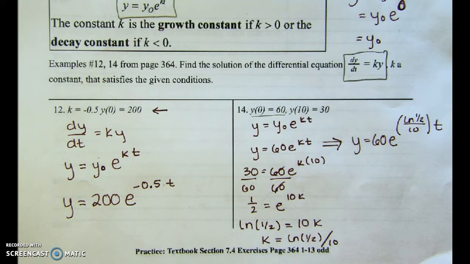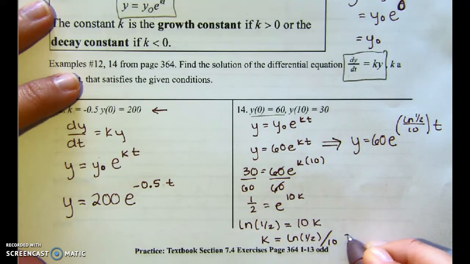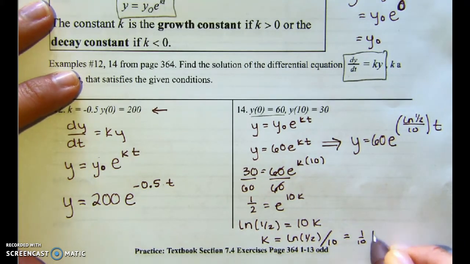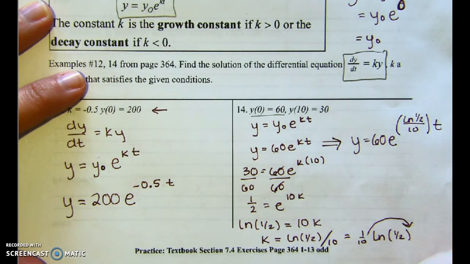Okay, that's correct, but we can simplify it, and this is going to require some logarithm rules. Do you agree that this is 1/10 times the ln of 1/2? Yes, which means we can move this 1/10 up here. So this is really ln of 1/2 to the 1/10 power.